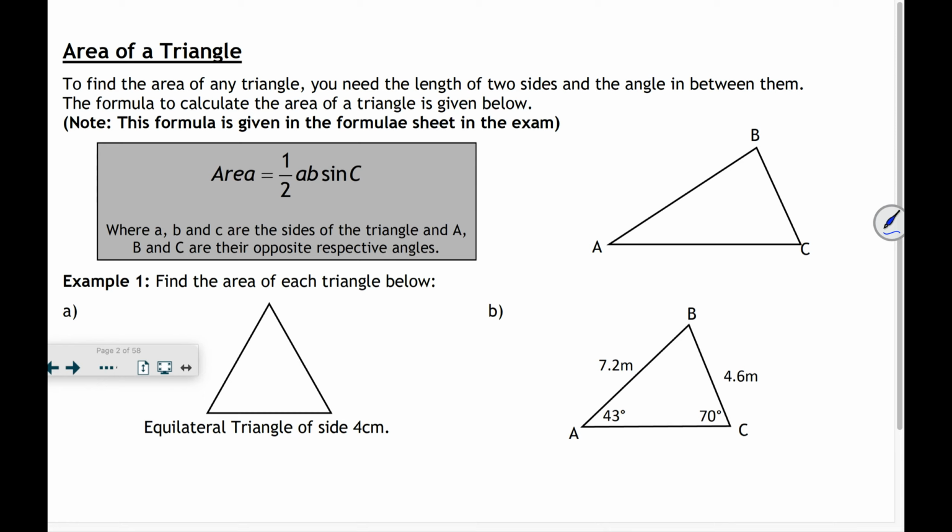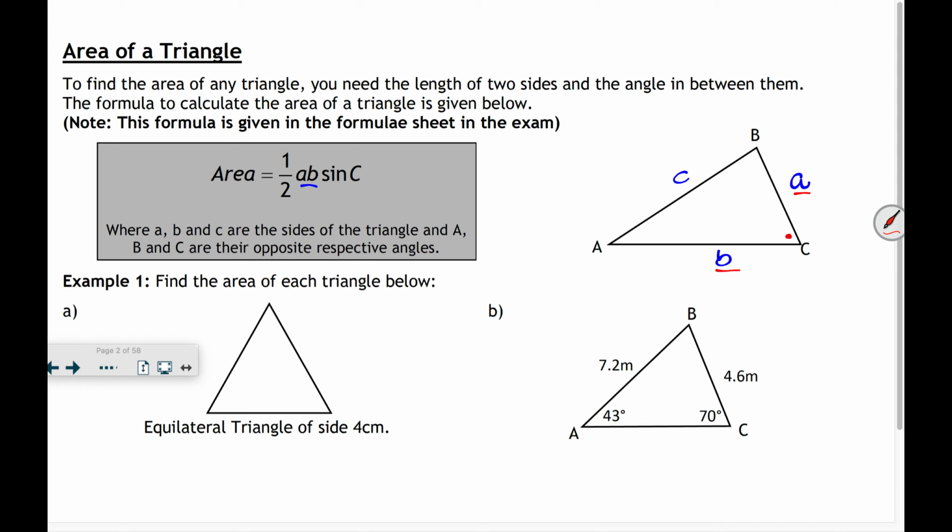If this is angle A, this will be small side a over here. If this is angle B, this will be small letter b. And if this is angle C, this will be small letter c over here. So this formula is talking about half ab sine C. It's a half multiplied by this side, times this side, and then we're multiplying it by the sine of the angle in here.